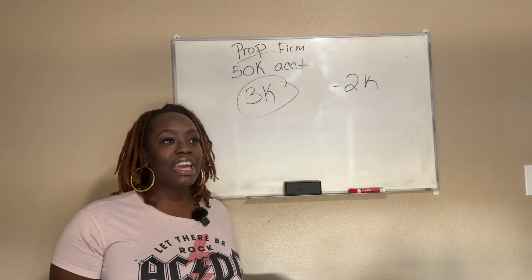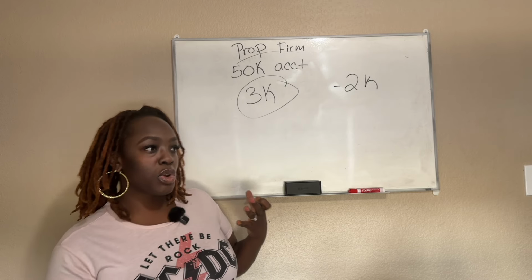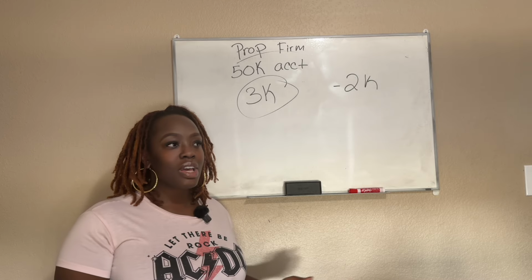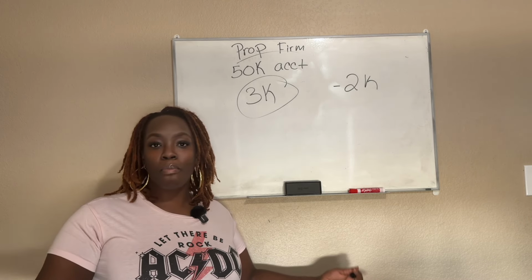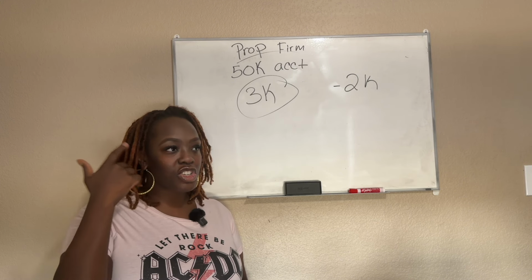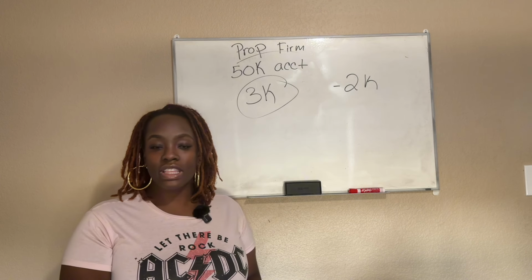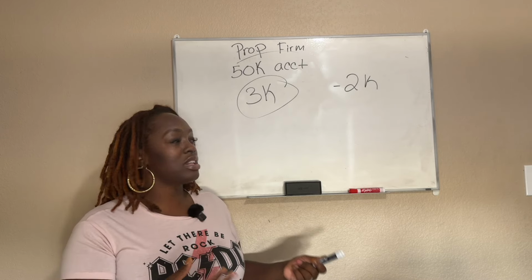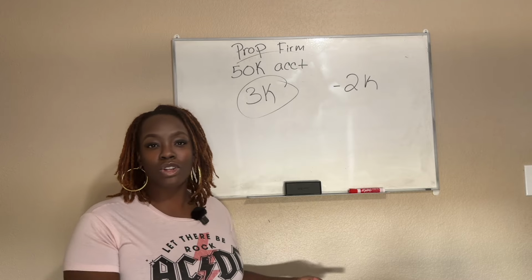So out of a 50K account, if you're only given 2 to 3K or you lose your account, why not just fund your own personal account with that same amount? It won't make a difference. It's not like you're trading this massive amount, 50K. You're really only trading 3K, really only 2K, because you can't go any lower than 2K.